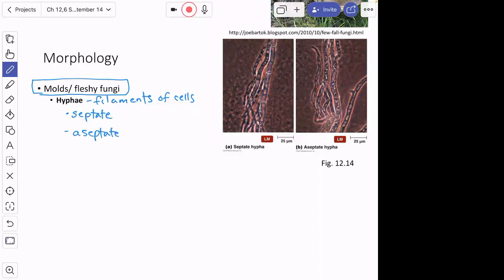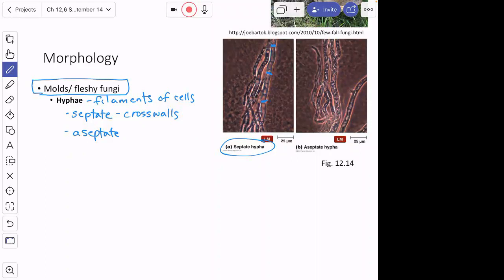So A means without. So either they have septa dividing the cells, or we could call those cross walls. This picture is a little bit hard to see, but on the left here, you can see these cross walls here and here and here, I think. There are pores in those cross walls to allow nutrients to flow up and down the filament.